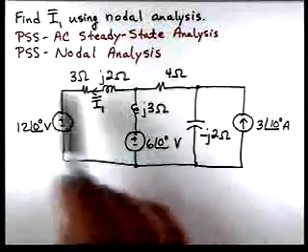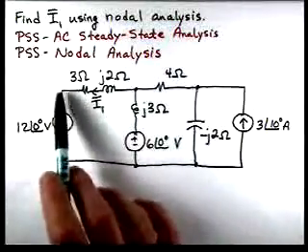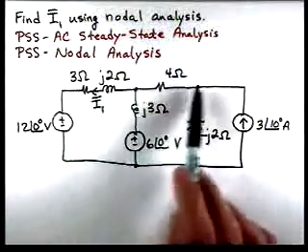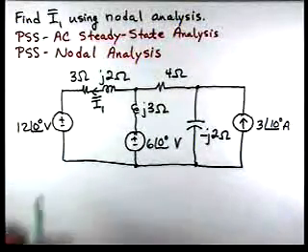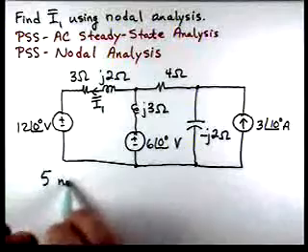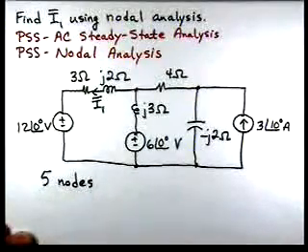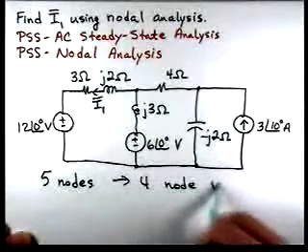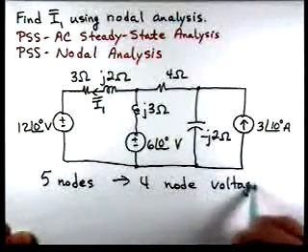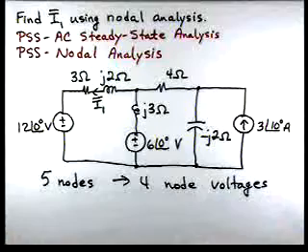So really, we have 1, 2, 3, 4, 5 nodes. Okay. So we have 5 nodes, and that means we're going to have 4 node voltages because we're going to pick one as the reference.